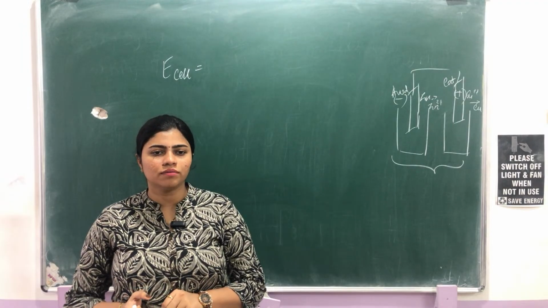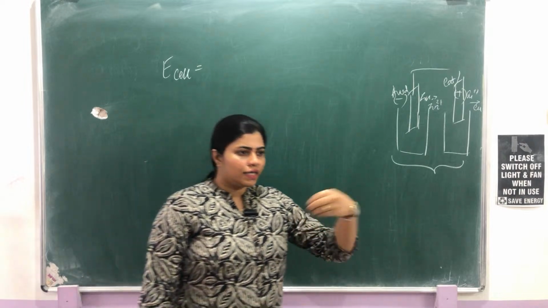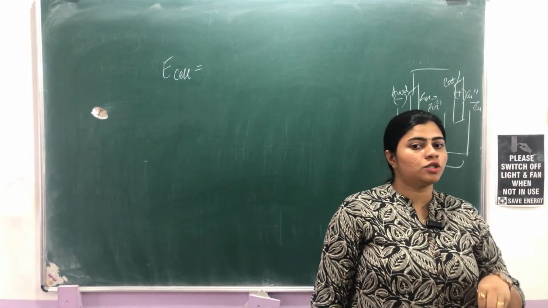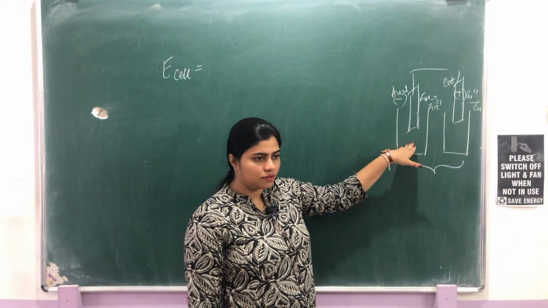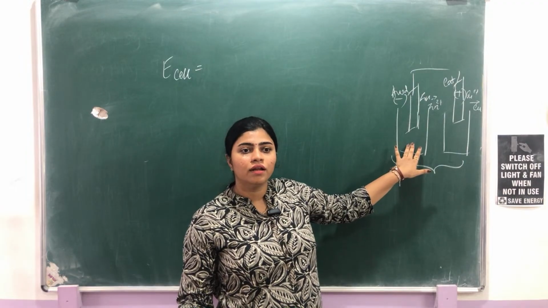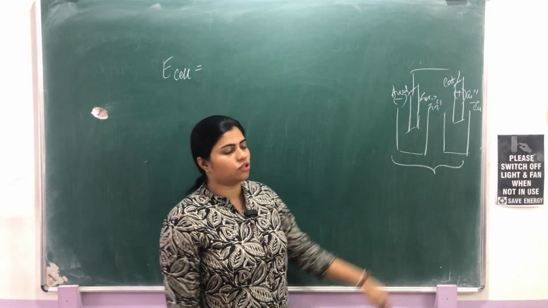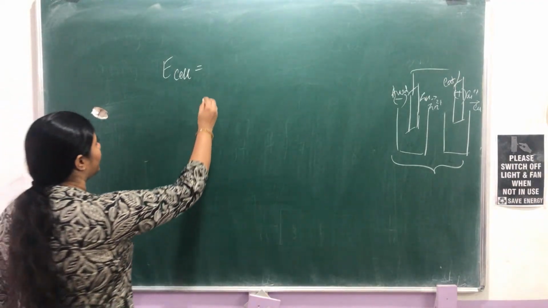What is electrode potential? Ability of an electrode to gain or lose an electron, at the interface between the electrode and the electrolyte, or we can also call it metal and electrolyte. So we have a formula, right? Tell me what is the formula?